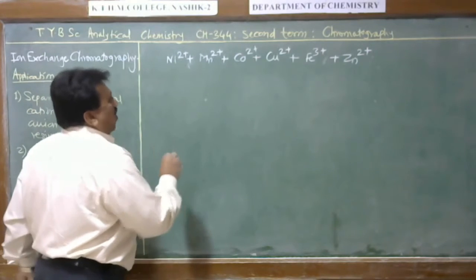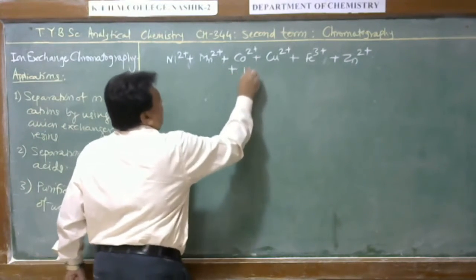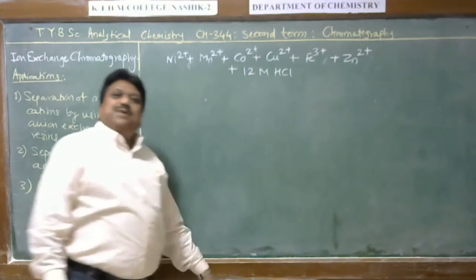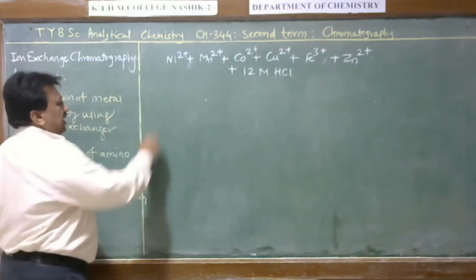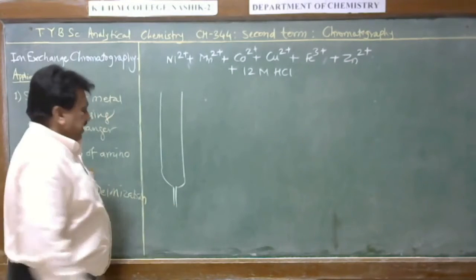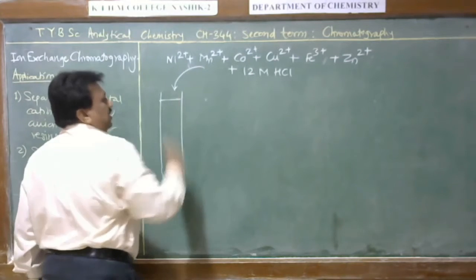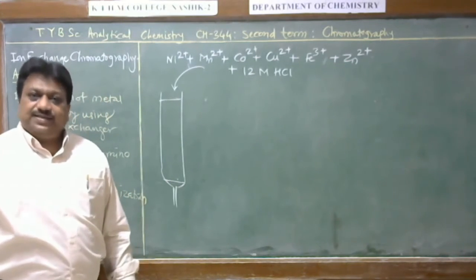Now how to perform this experiment? Initially this mixture is treated with 12 molar hydrochloric acid. That means the sample is dissolved in 12 molar hydrochloric acid. Then we have to prepare the column of anion exchanger resin, and to this column we add this mixture of metal ions in 12 molar HCl.